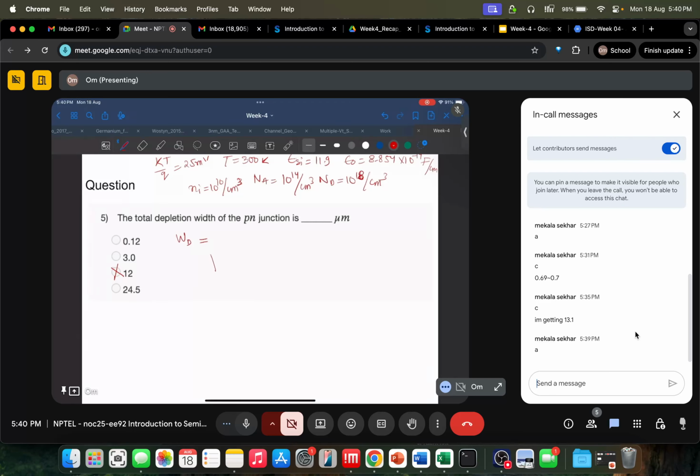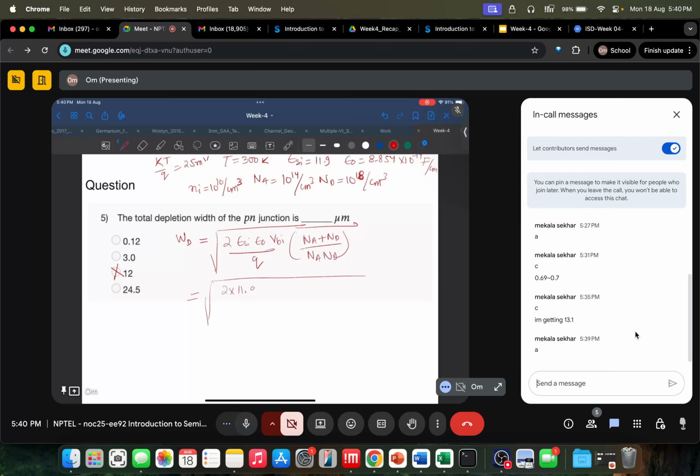So WD is the square root of 2 epsilon Si epsilon naught VBI by q times Na plus Nd over Na Nd. Substitute the values.